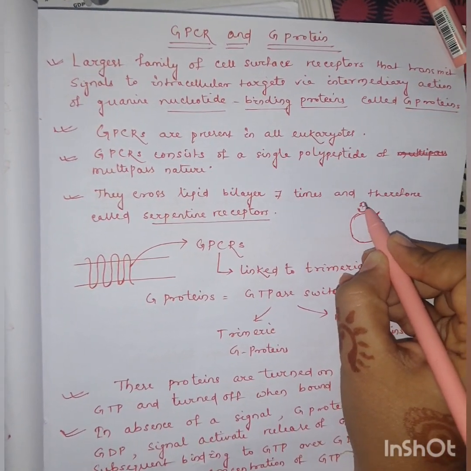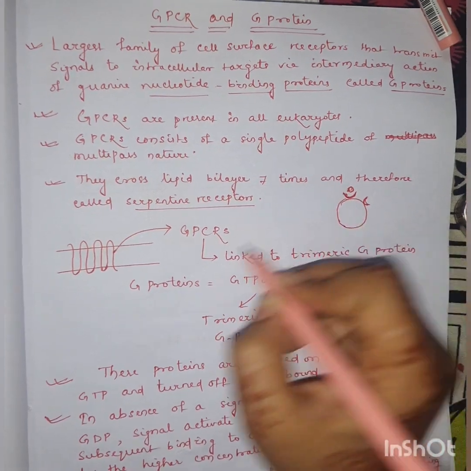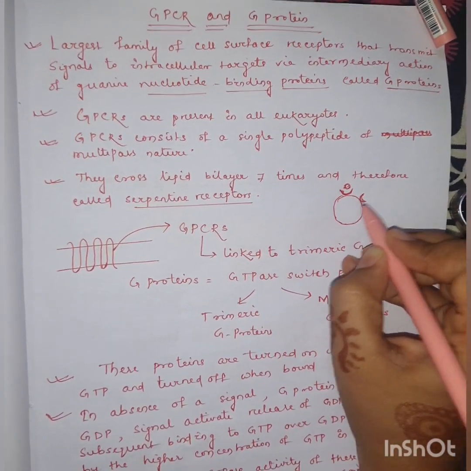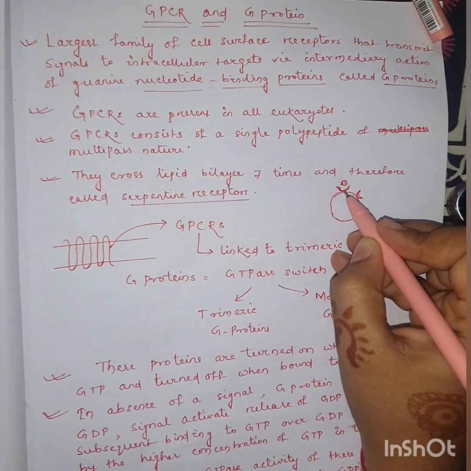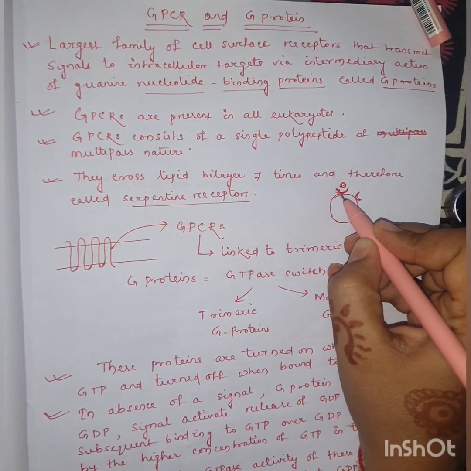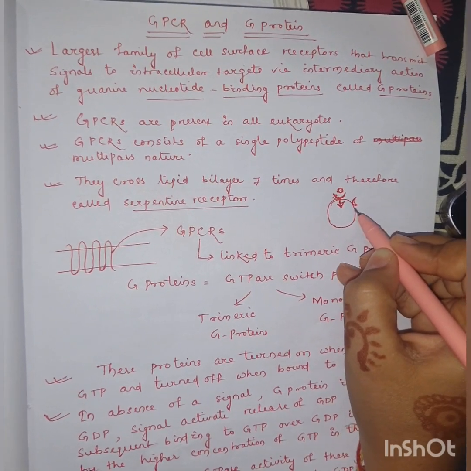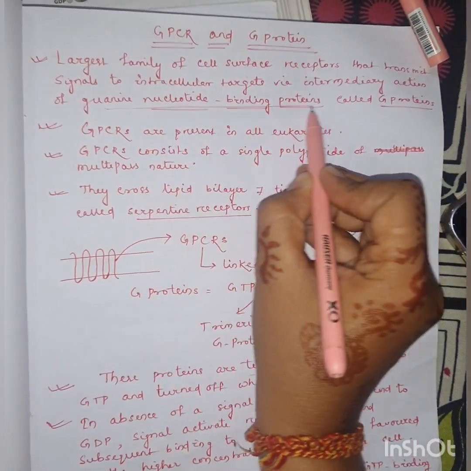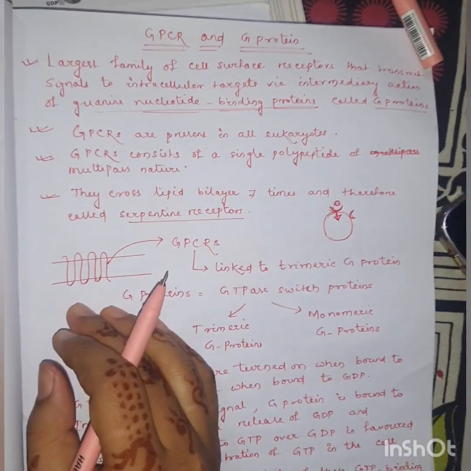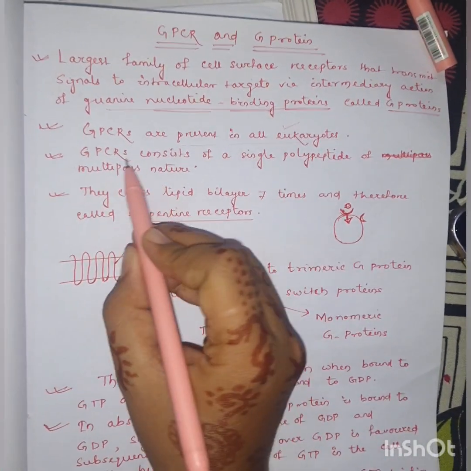At first, the G protein coupled receptors receive the signal, and then they transmit those signals to intracellular targets via the intermediary action of guanine nucleotide binding proteins called G proteins. These are mainly present in all eukaryotes.